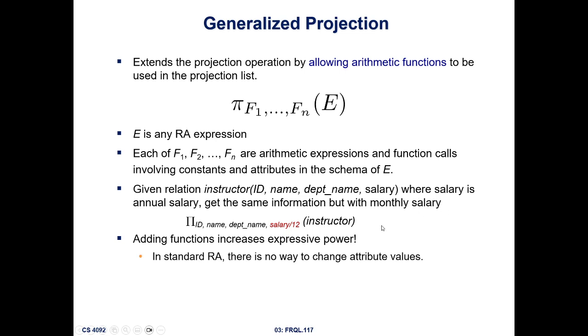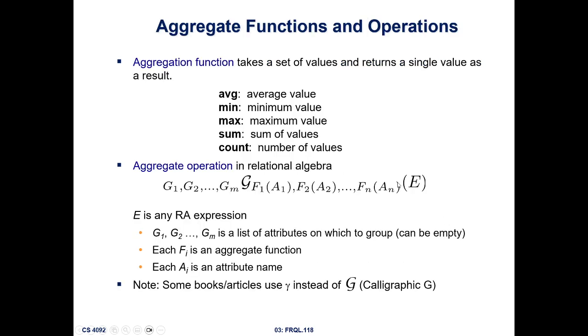However, the issue here is that we usually don't have a way to change these attribute values in depth with standard relational algebra. What we could do then to help account for this is this aggregate function and these operations that help with it. These are probably things that you've seen before, but again, they're going to be applied in a relational algebra term. So again, basic aggregate functions could be average, minimum, max, count.